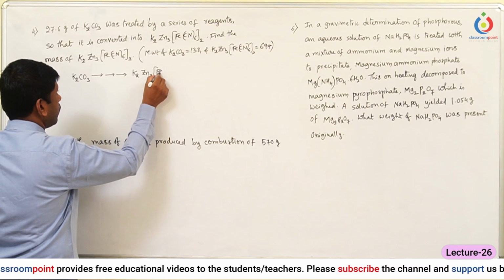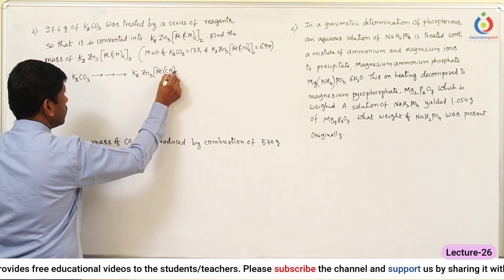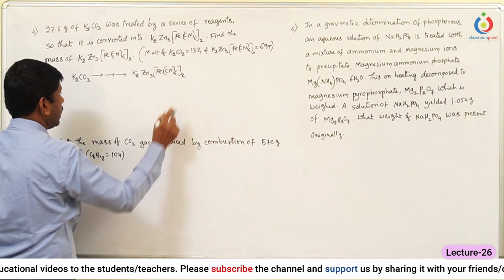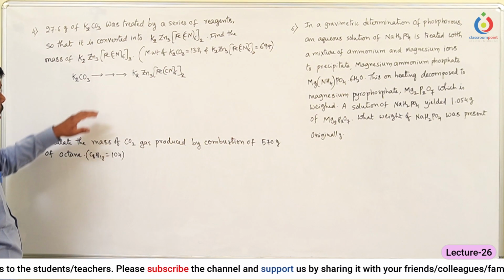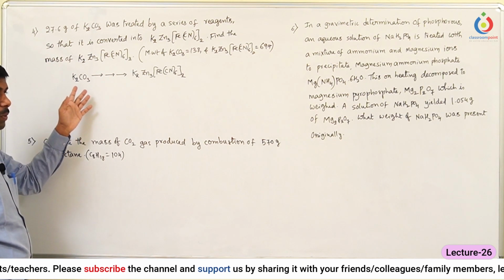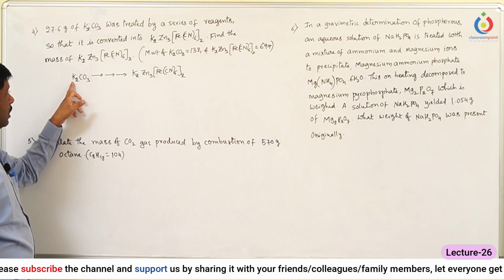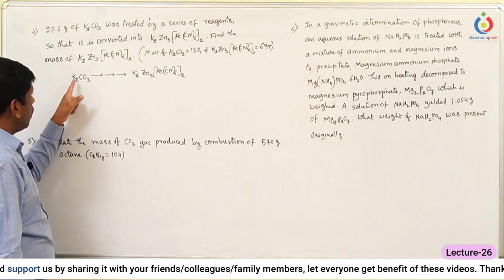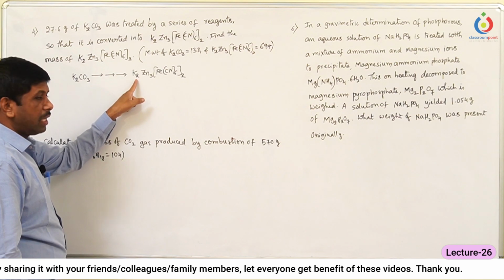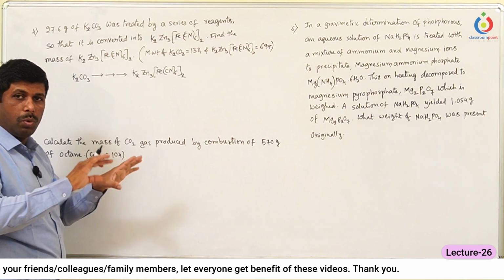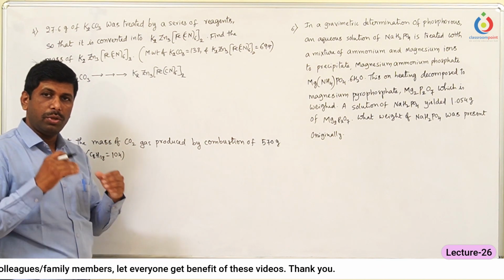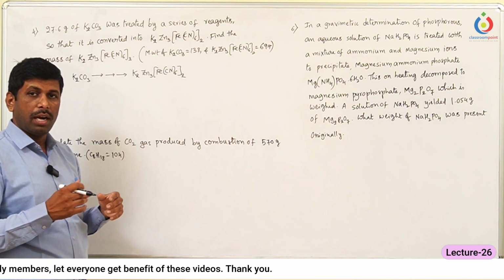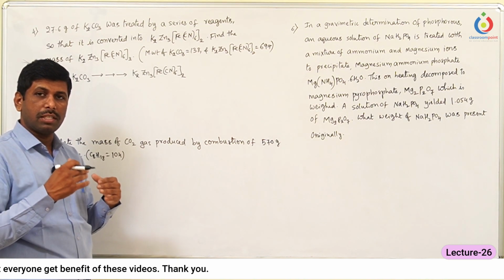So here K2CO3 was treated with a series of reagents, finally producing K2Zn3[Fe(CN)6]2. Now let us apply the POAC. You can apply the POAC to potassium, carbon or oxygen. But the only thing is, ions may move along with other components during the series of reagents unless they mention it is conserved.